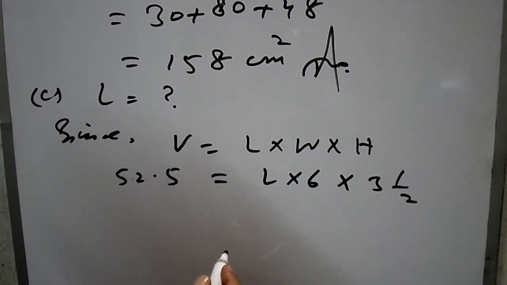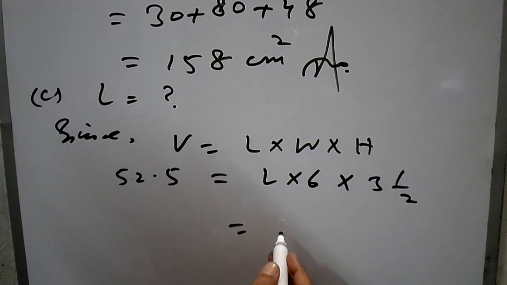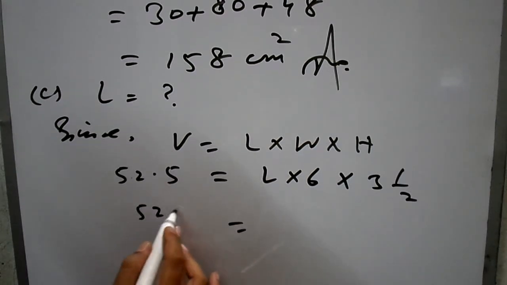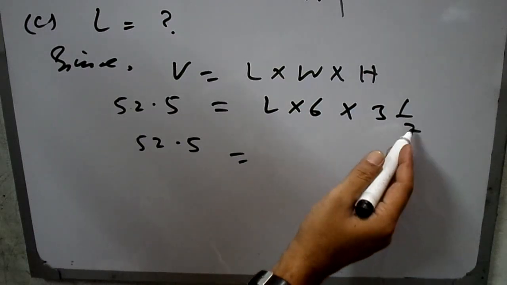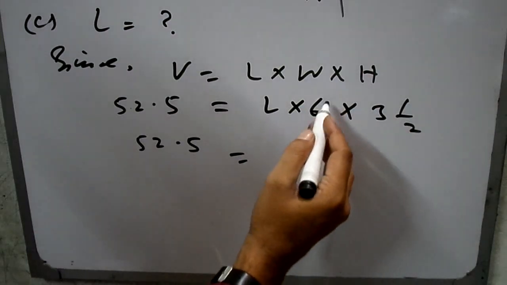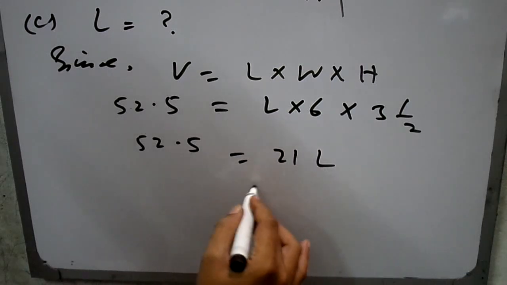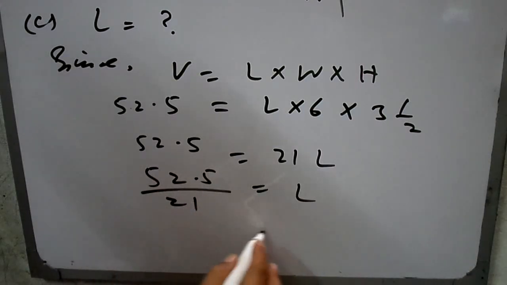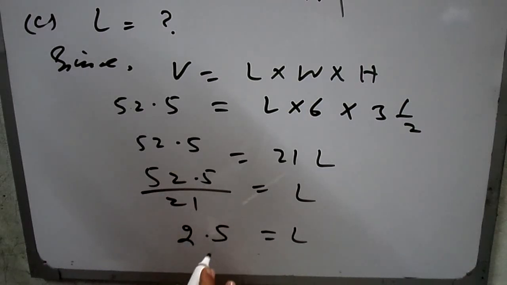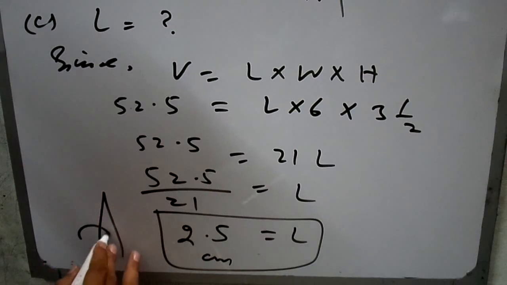After simplification, we remove the whole number, 3 2s are 6, 7 by 2, 2 cancels with 3, so you will get 21 L. You need the value of L, so 52.5 divided by 21, so the value of L is 2.5 centimeter. So that is your required result.